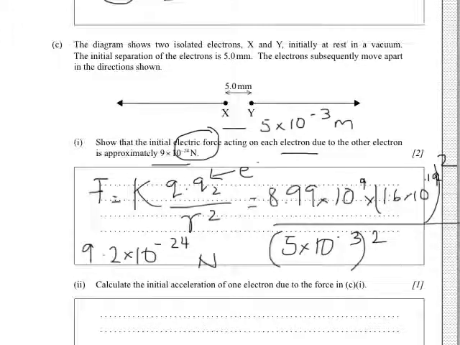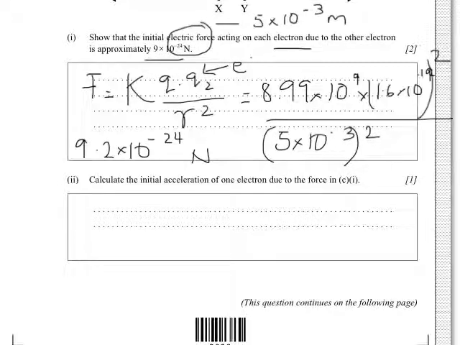Part 2. Calculate the initial acceleration of one electron due to the force. Again, just using the straightforward relationship, force equals mass times acceleration. Just need to find the mass of an electron, but this is in the constant sheet.